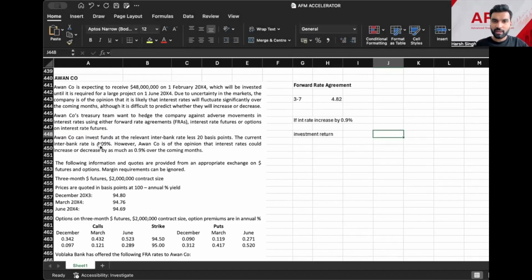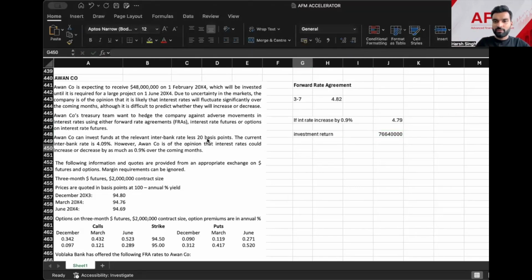But we are able to take it 20 basis points less. So my interest rate will be 4.09 plus 0.9 minus 0.2, which is 4.79, everyone. So 4.79 multiplied by 48 million, multiplied by 4 by 12. So this is the amount I'll be getting if the interest rate increases.